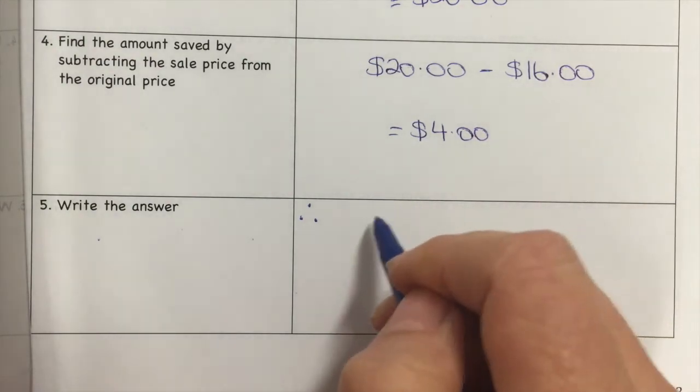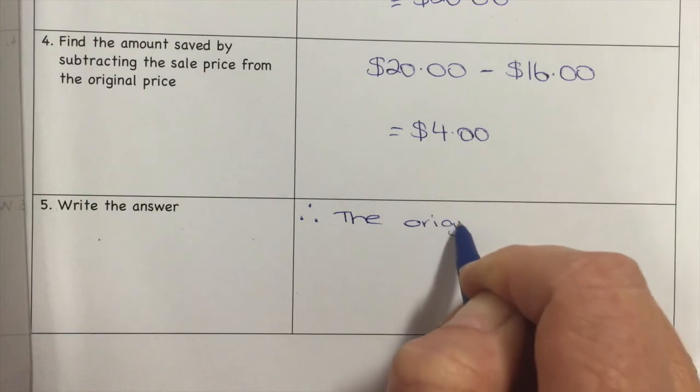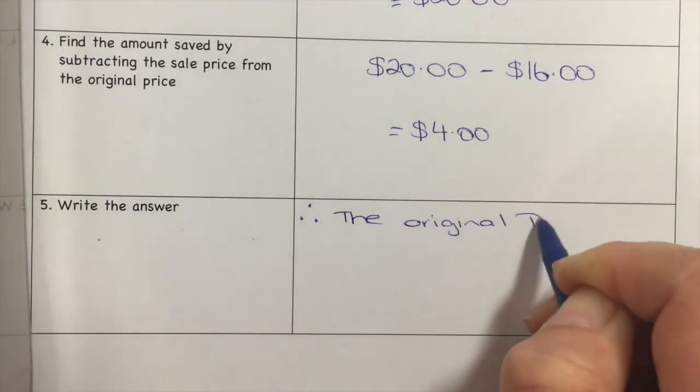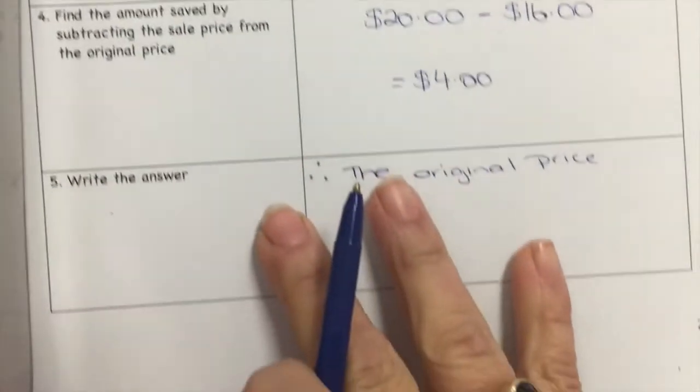So what we need to write is the original price. Now, because your question is asking for the original price, make sure that's written in your answer.